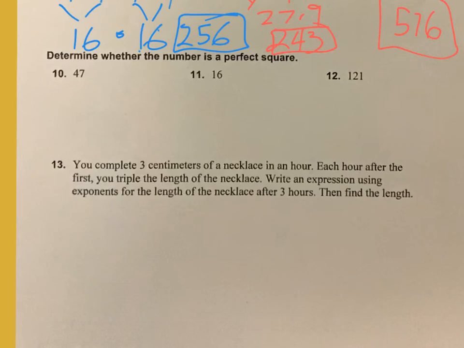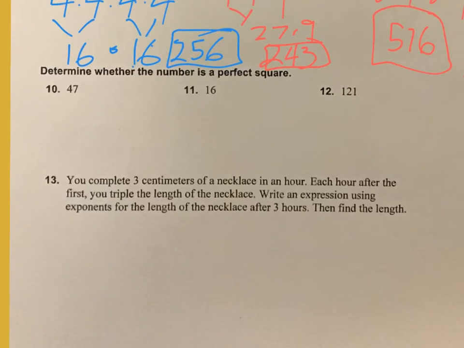I know my 5 times tables only go up to 45, and that's a little bit bigger. So if I did 6 times 6, I would get 36. That didn't work. And then 7 times 7 is 49. So that's bigger than it. So it didn't work. So there is no perfect square for that number.